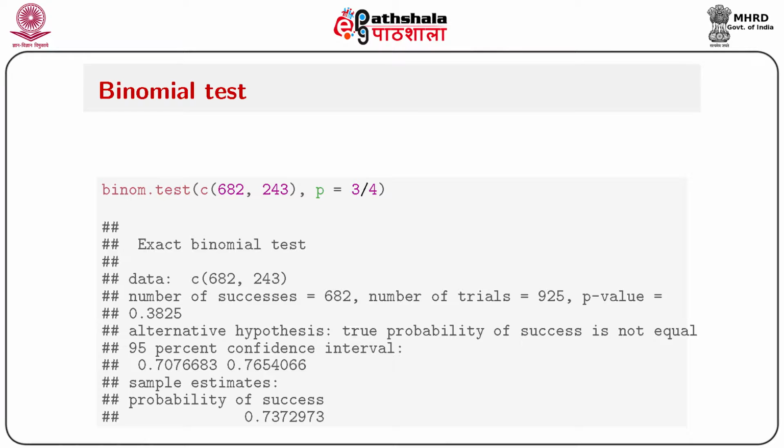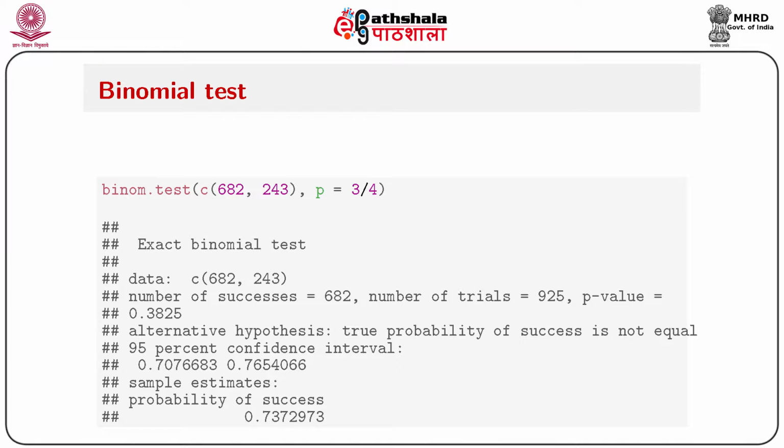So binom.test, c(682, 243), p equals 3/4, then it will return the data, which is 682 and 243, the number of successes. So the number of successes is 682, the number of trials is 925, or the number of successes and the number of failures is given by c.